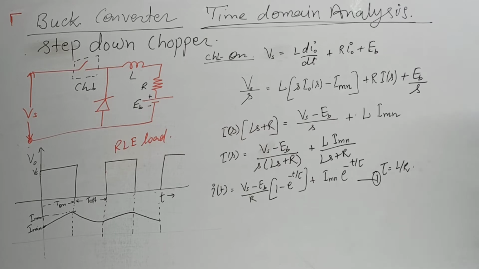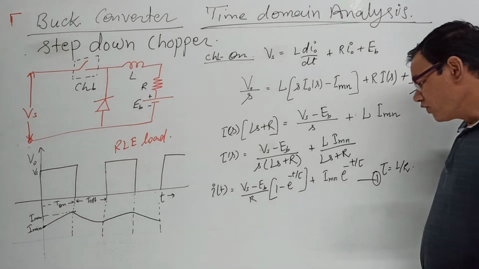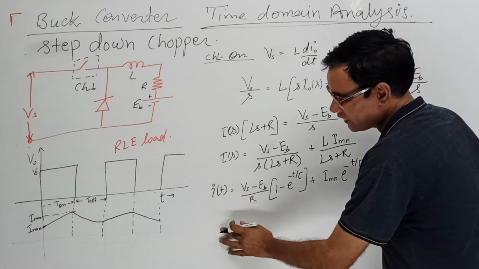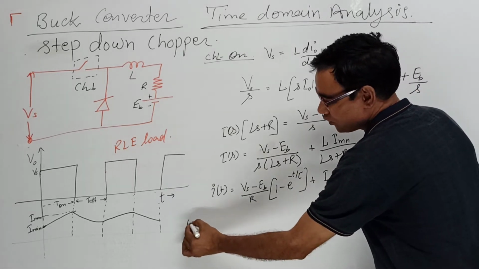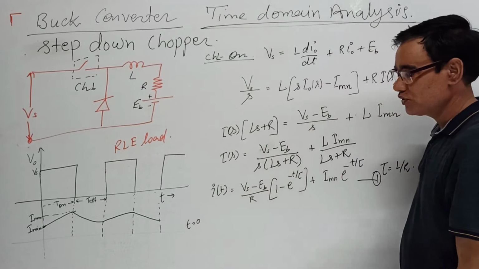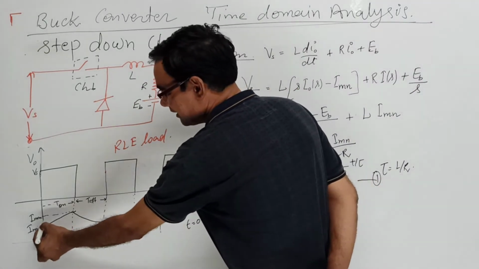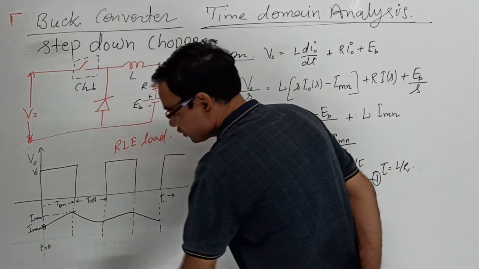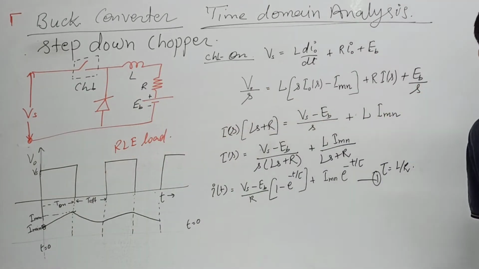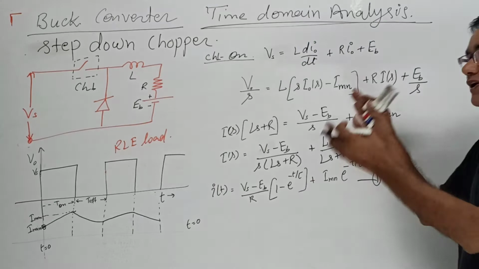Very important equation. From that equation, when we put t equal to 0, the value of I is I minimum. When t is equal to 0, the current has the minimum value. You know what we are doing?